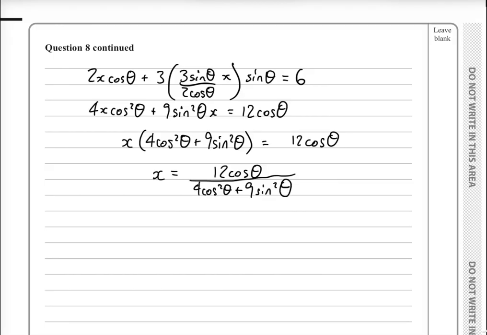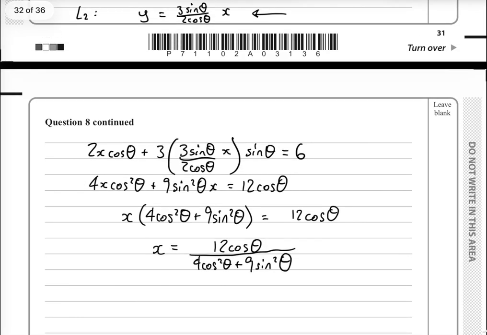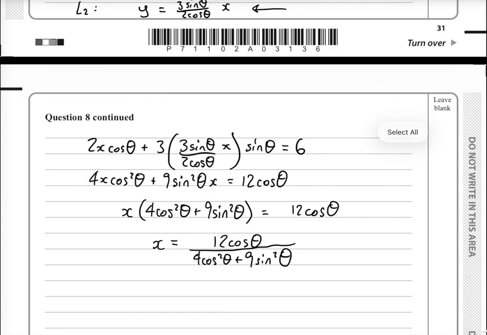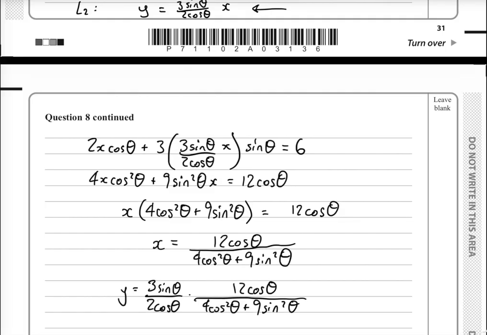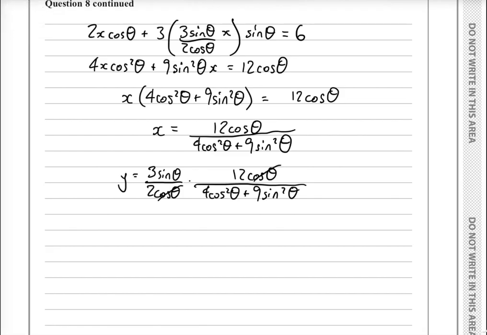But that is it. And then we want the y coordinate as well. So on the screen at the top there, y is equal to 3 sine theta over 2 cos theta times x, which is this horrible thing. 4 cos squared theta plus 9 sine squared theta, and then that can cancel a little bit, and we get a similar but slightly different 18 sine theta over the same denominator for y.